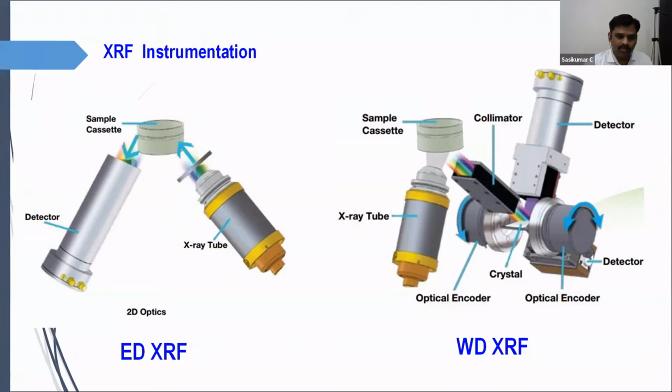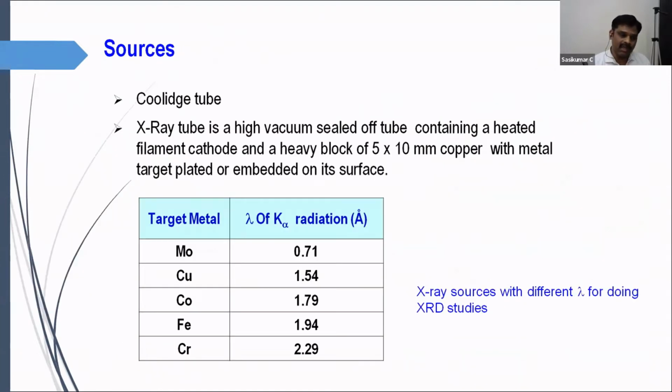You know very well, based on Bragg's law, n lambda is 2d sine theta. So if lambda is different, naturally the angle of diffraction will be different. You can differentiate the elements this way and resolve them very clearly. So WD XRF will give you more accuracy in your analysis.